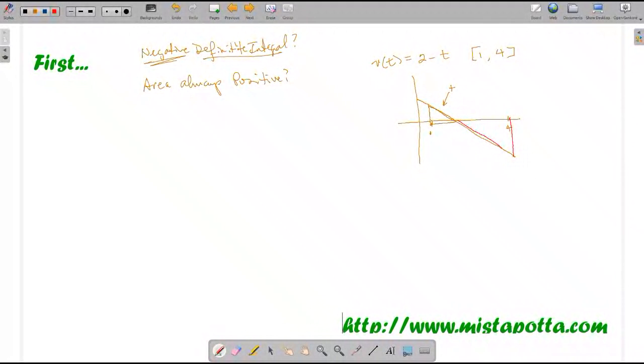And although the area itself is positive, that is true, that area cannot be negative. What it represents is a geometric sense of velocity times time divided by 2. Well, this represents displacement.